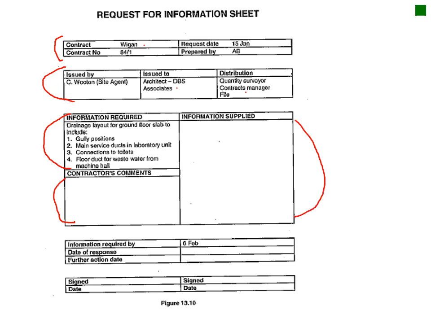And then the information is required by a certain date, the response, when it's received, further action needed, and then just signatures. This is a very basic form that has a lot of value, especially if you're getting onto a site and you need to put in claims. This really does assist in easing the claims and not delaying them.